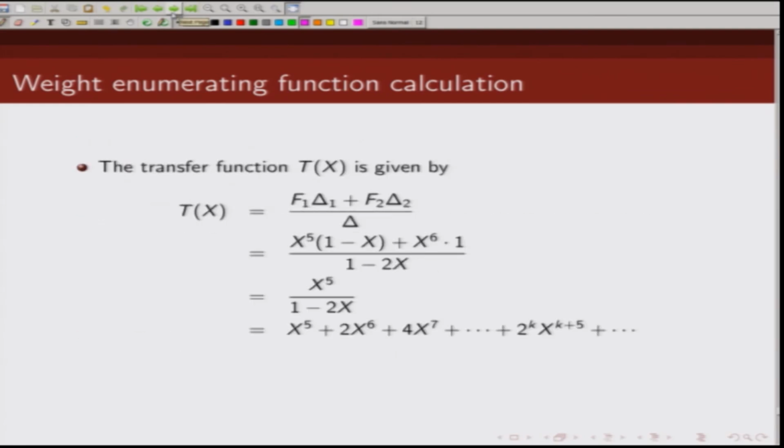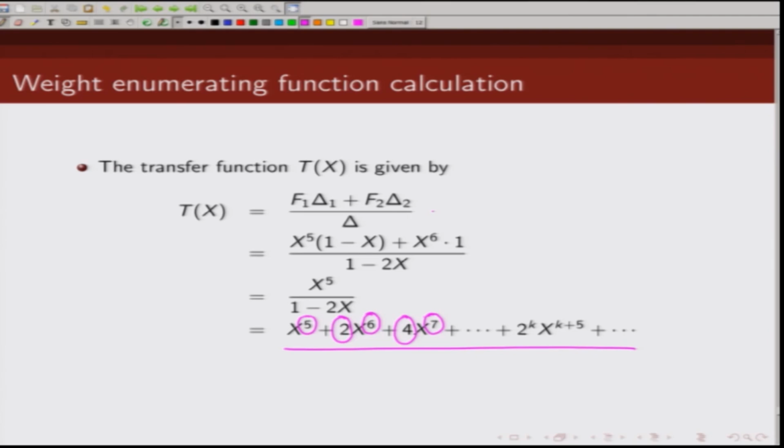So, I can then apply Mason's gain formula to get the weight enumerating function. The weight enumerating function is given by this expression. I am plugging in the values of f1 delta 1, f2 delta 2 and delta, and what I get is this expression, which I can write like this. So, you can see basically my output consists of one code word of weight 5, two code words of weight 6, 4 code words of weight 7.